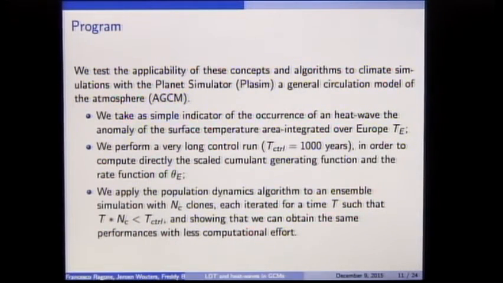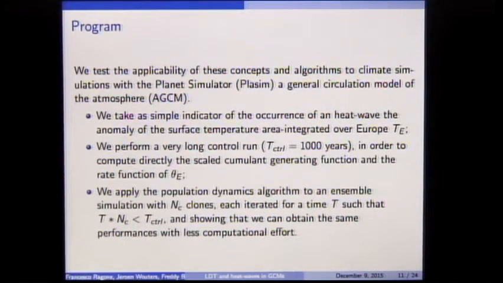This is quite a big effort. It is a bit more than 20 days of simulation on parallel computing. So this is kind of heavy. In this way, I can compute in a reasonable range of values the details of the rate function.